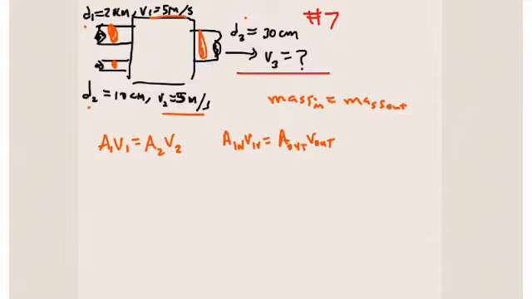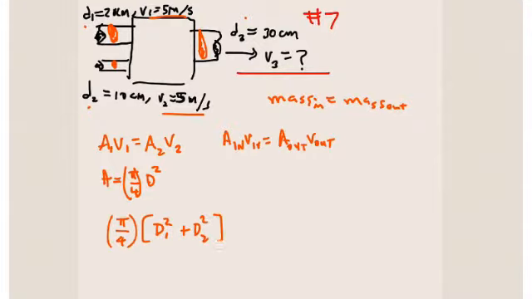All of these are going to have the form of the area equals pi over 4 times d squared. Since every term will have the pi over 4 in it, we'll be able to cancel that out.